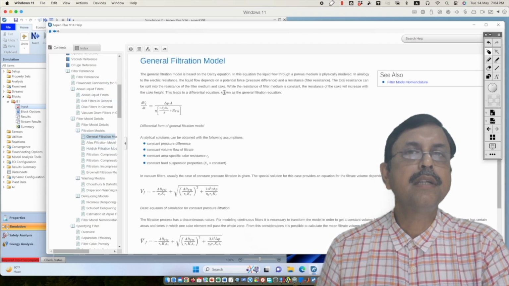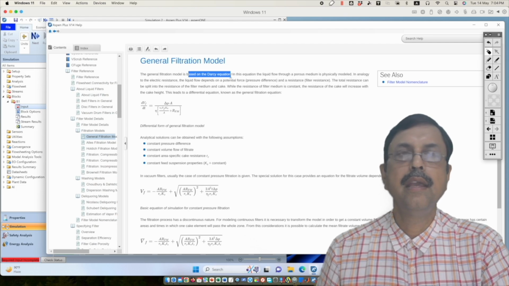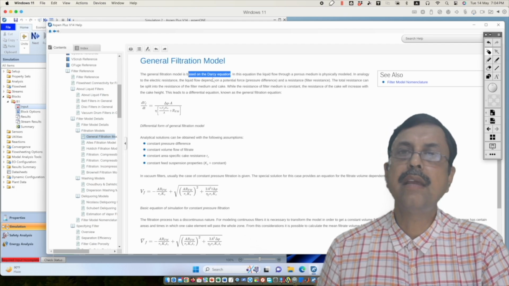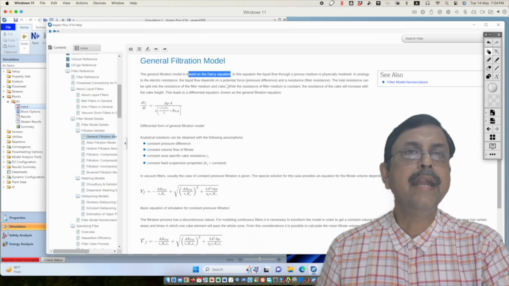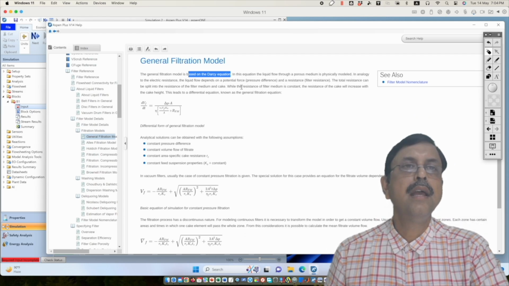The general filtration model is based on the Darcy equation. You might be very much familiar with the Darcy equation of filtration model. And in this equation, the liquid flows through the porous medium and it is physically modeled.